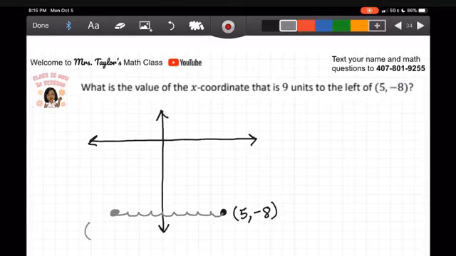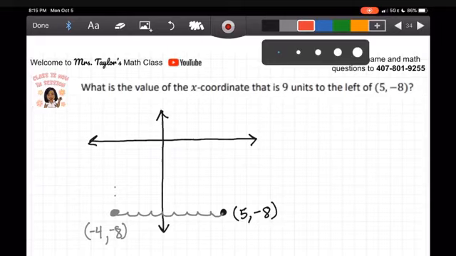This ordered pair is going to be 1, 2, 3, 4. So that's going to be negative 4. And then 1, 2, 3, 4, 5, 6, 7, 8, and negative 8. What's going to be the x-coordinate? The x-coordinate is going to be negative 4. So -4 would be the x-coordinate.